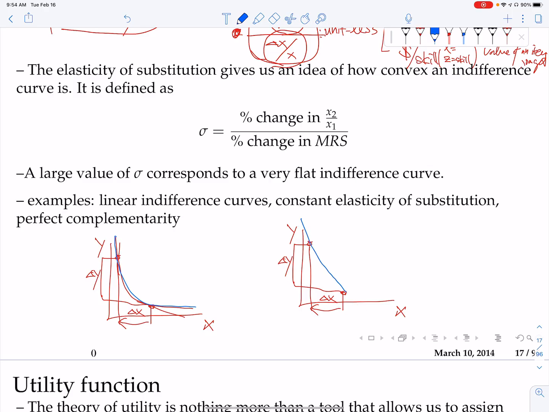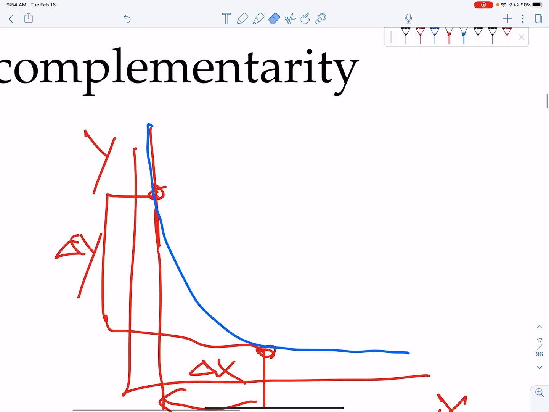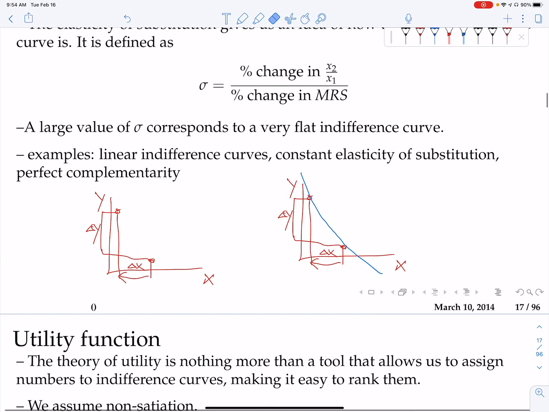Okay, so this is almost a straight line. These two graphs are going to be different graphs, right? So I want to distinguish these two graphs.